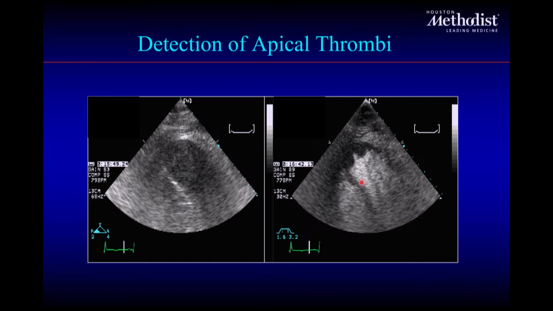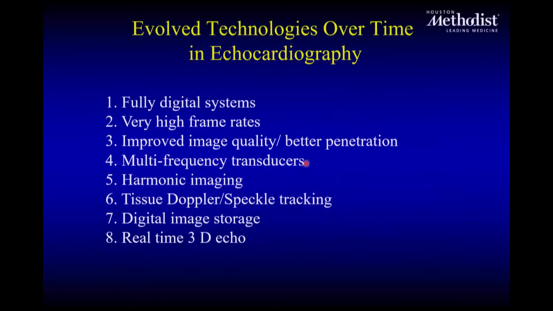So if you change frequency, position, if you're wondering whether there's a thrombus, you could go from the apex to a two-chamber view, move around to the side, or do a short axis to the apex itself to try to see whether this is real or this is an artifact.